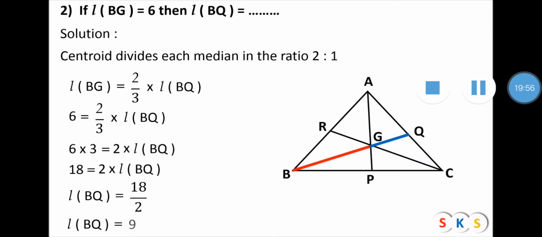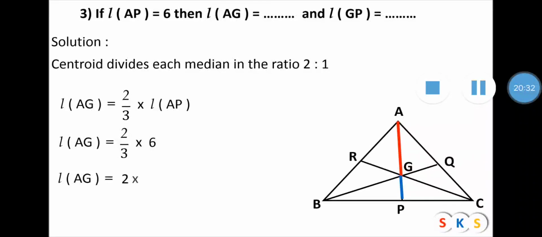Therefore, after cross multiplication, you will get 6 into 3 equals 2 into length of BQ. Now 6 into 3 is 18, equals 2 into length of BQ. Therefore, length of BQ is equal to 18 upon 2. Therefore, length of BQ is 9. So, how did we get length of BG equals 2 upon 3? Because BG is the 2/3 part of this BQ, so we will directly take 2 upon 3 into length of BQ.